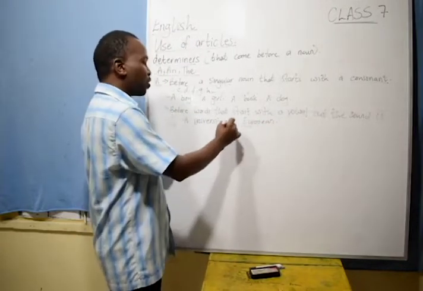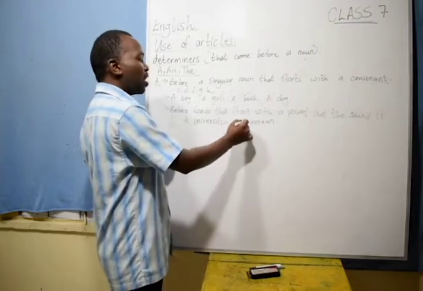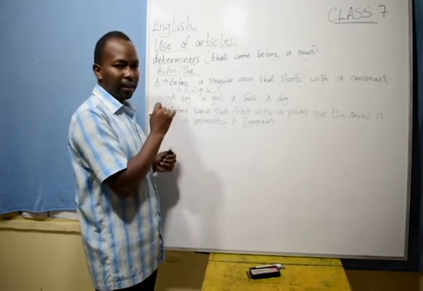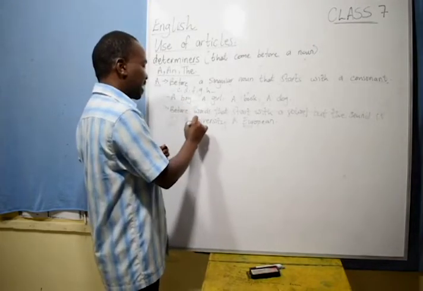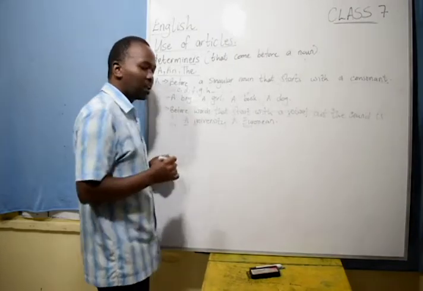You will not say an European. No, it will be a European. So whenever we have the sound Y starting certain words that have vowels, we use article a.